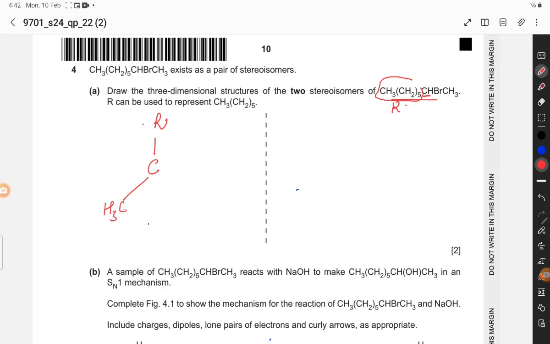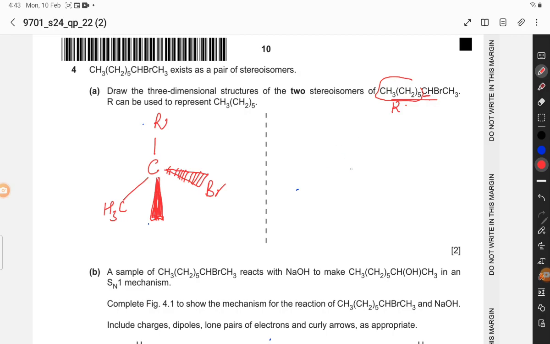These two are on the plane, and this is in front of you by drawing a solid wedge, and this is away from you. That is Br.